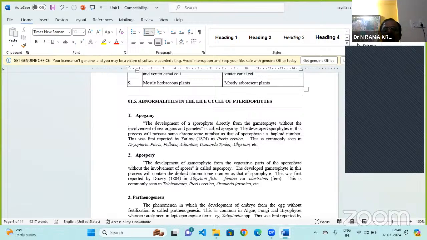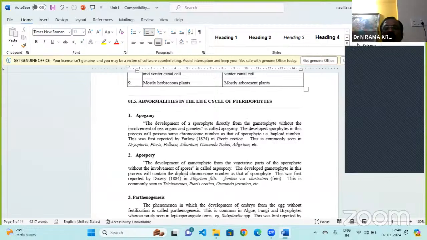Apogamy: without involvement of sex organs, we call that apogamy. The sporophyte developing in this process possesses the same chromosome number as the gametophyte, that is, haploid.